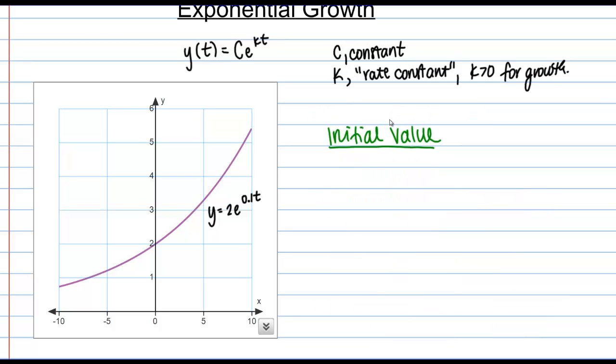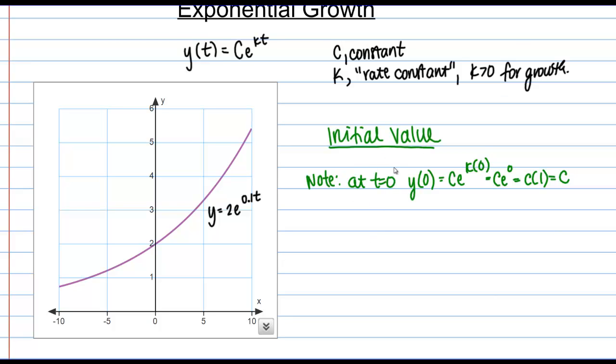I just want to point out one more thing about this exponential growth equation, and that's about the initial value. So let's note that at t equals 0, the function value y of 0 is ce to the k times 0, which is ce to the 0, which is c times 1, which is just c.